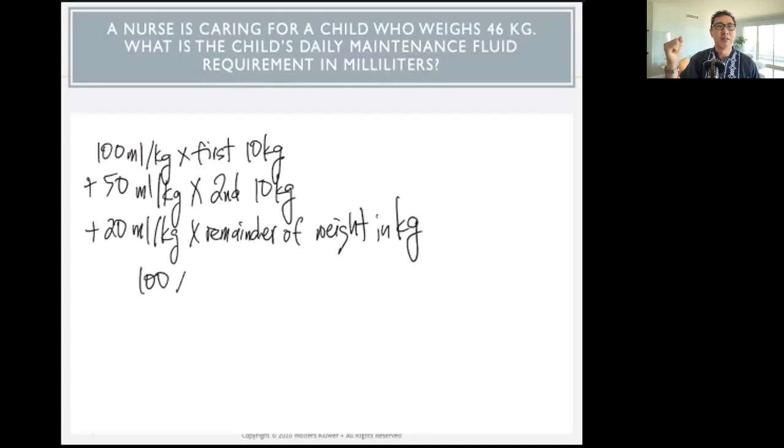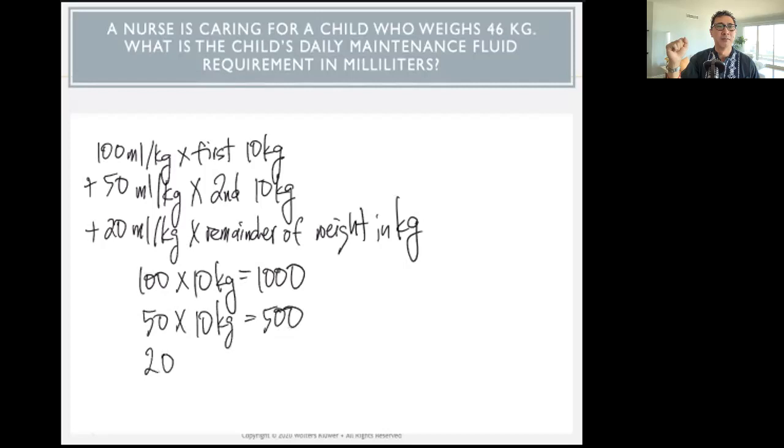100 ml per kilogram. This is my first 10 kilograms. That is 1,000. Next, 50 ml per kilogram for the second 10 kilograms. I have 500 there. Next, the remainder, how much is left over? 26 kilograms. 20 times 26 is 520. I'm going to add all of this up.